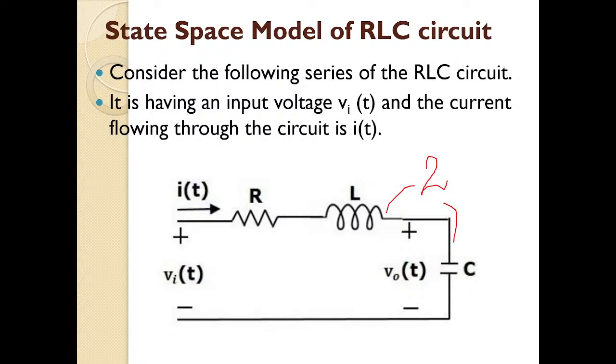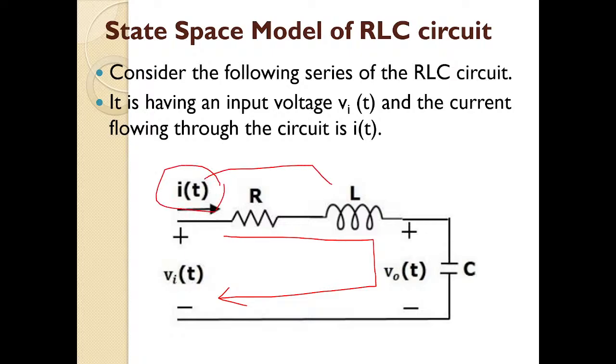So what are these two state variables? One state variable is the current flowing through the inductor, and another one is the voltage across the capacitor. Here all the elements are connected in series, so the current in all the elements is the same. What is the current in the inductor?